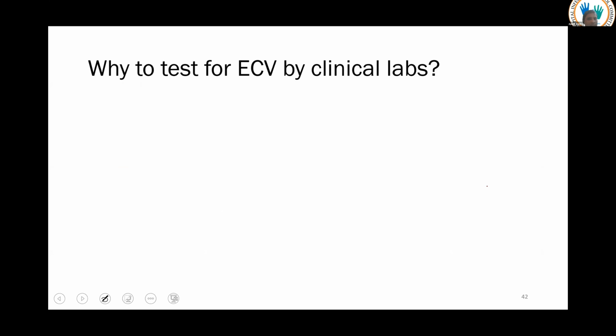Now bioMérieux is coming with a new card, the 406 Vitek card is now available, where phosphomycin is in that card, and it is going to be tested against Pseudomonas. So why test? Are ECOF breakpoints available?